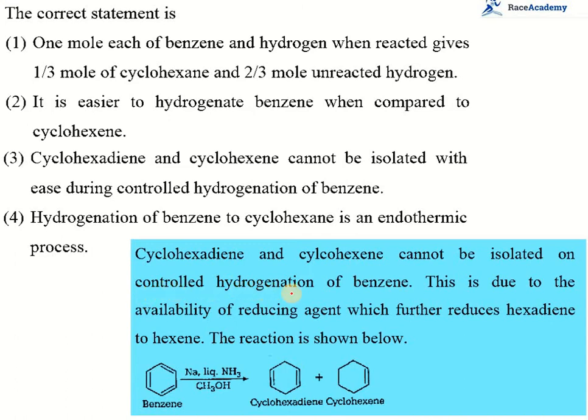They cannot be isolated during controlled hydrogenation of benzene. This is due to the availability of the reducing agent, which further reduces cyclohexadiene to cyclohexene. So the reaction is benzene giving cyclohexadiene and cyclohexene. So the meaning of this is that cyclohexadiene and cyclohexene cannot be isolated, which is the correct statement for this question.